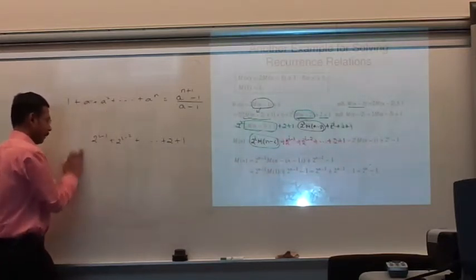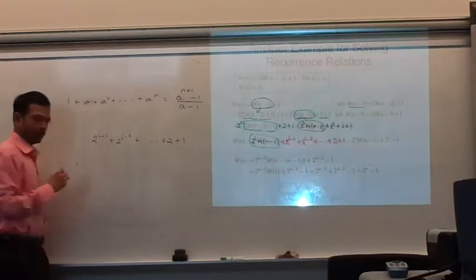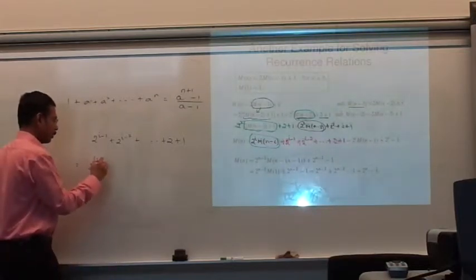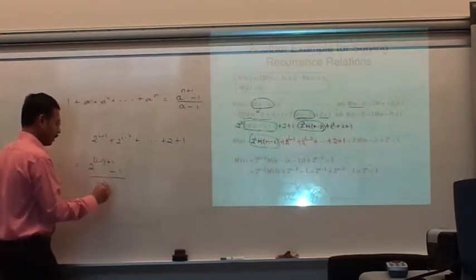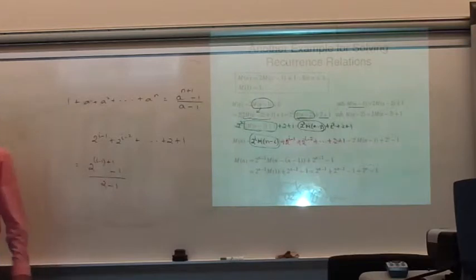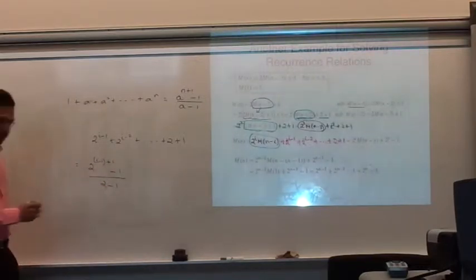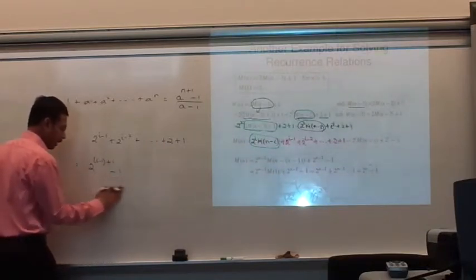And what is a? A is 2. So it is 2 to the power I minus 1, which is for n, plus 1 minus 1 divided by 2 minus 1. Okay? So, of course, the denominator is 2 minus 1, that is 1, right? So you don't need to worry about that.